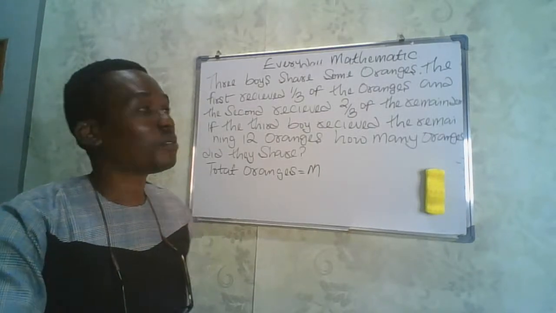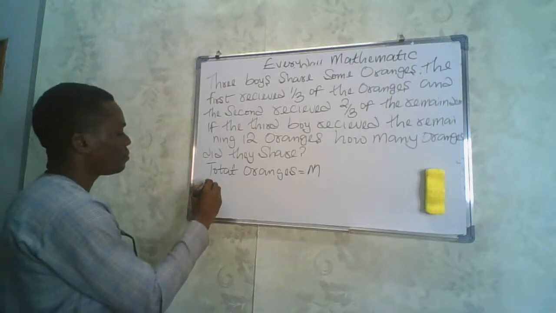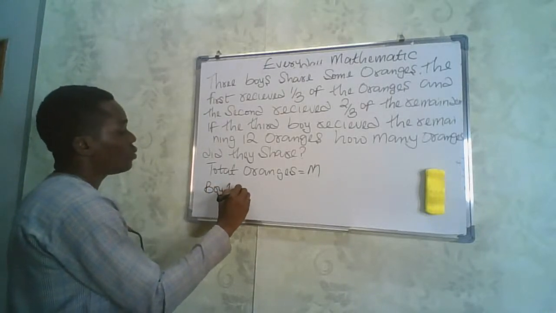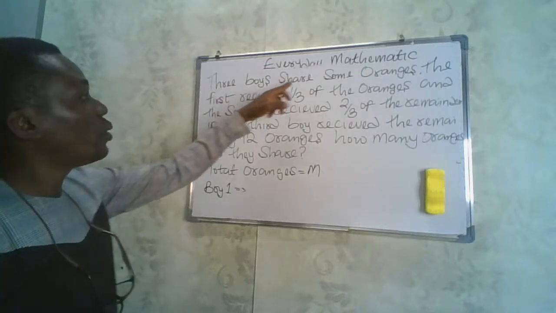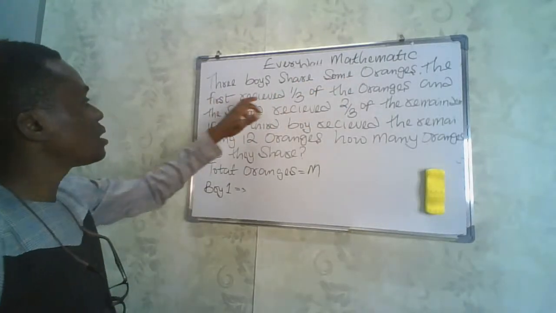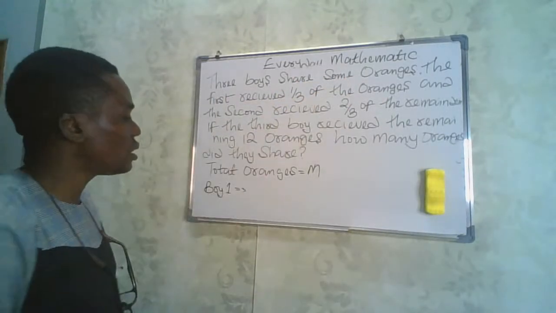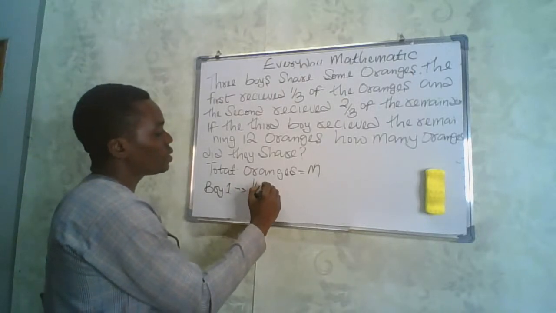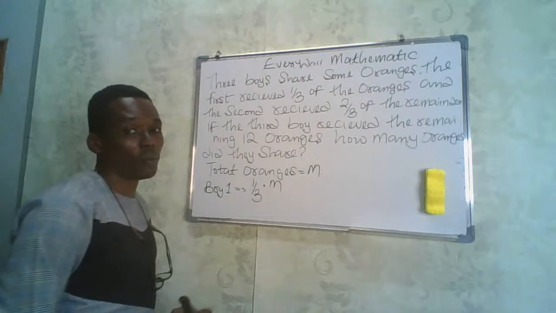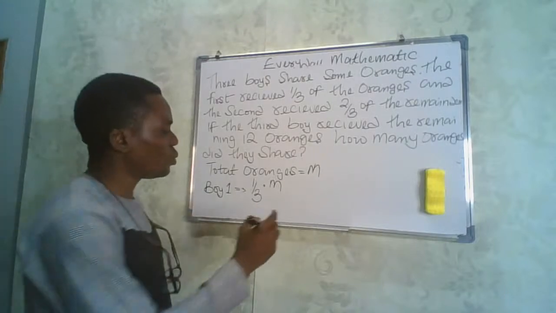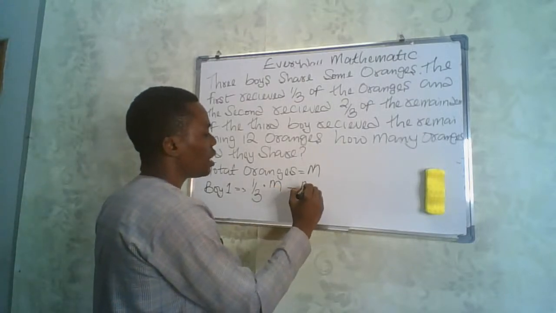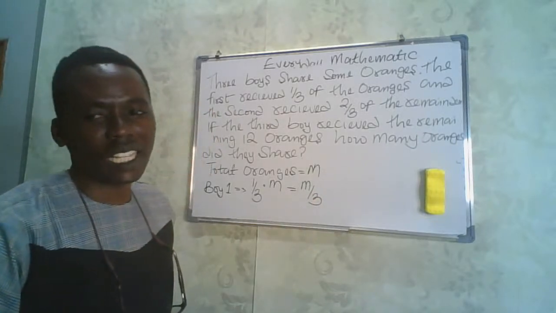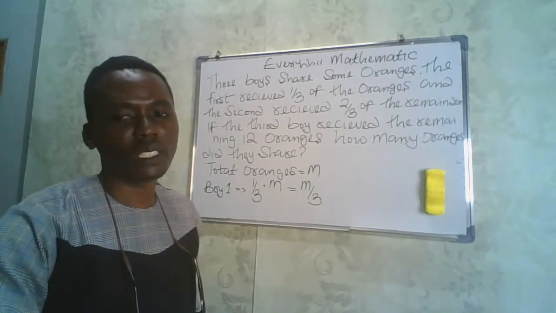Now let's consider the first boy. 3 boys share some oranges. The first received 1/3 of the oranges. So he received 1 divided by 3 multiplied by the oranges, m, right? And what will the first boy receive? m divided by 3. That is what the first boy will receive.